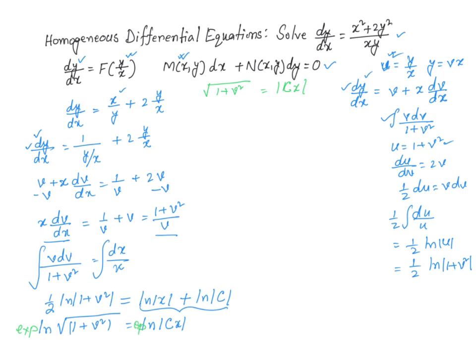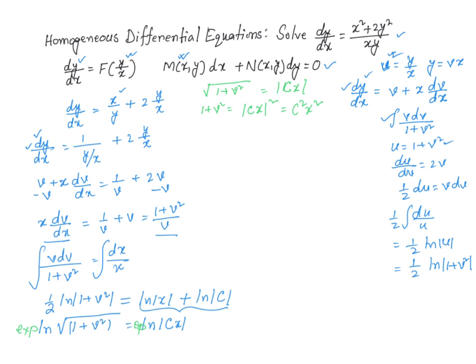Now if I square both sides, I get 1 plus v squared is equal to the absolute value of cx squared, which I could write technically as c squared x squared.